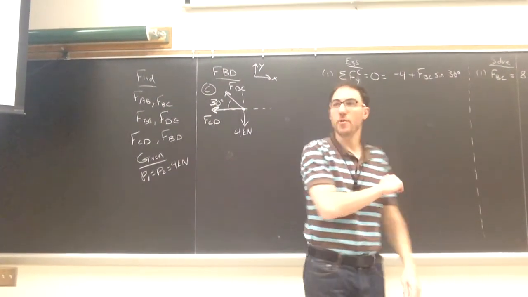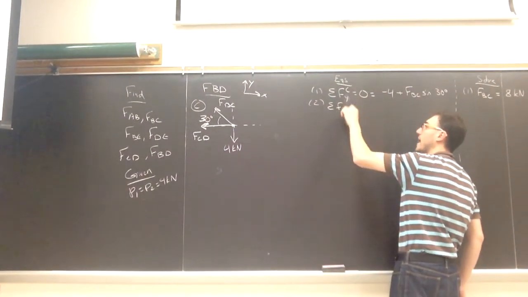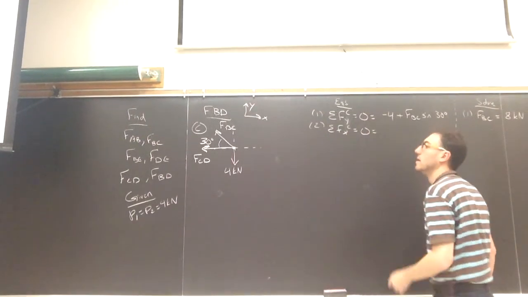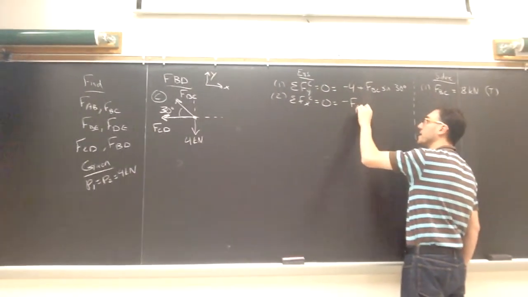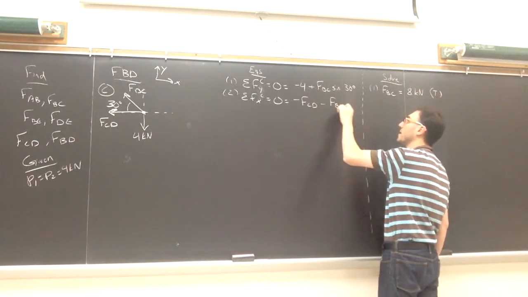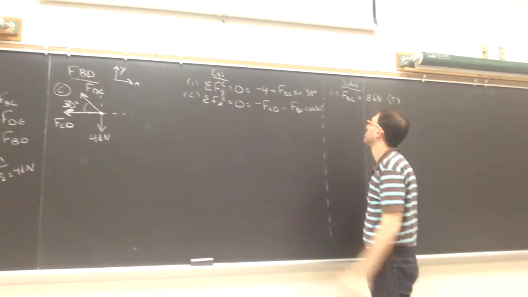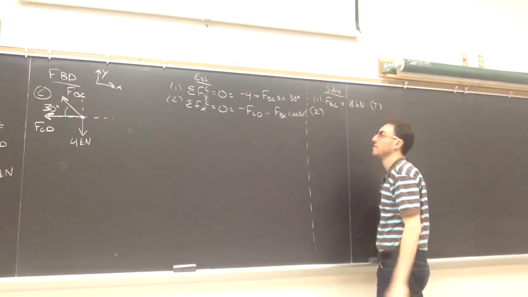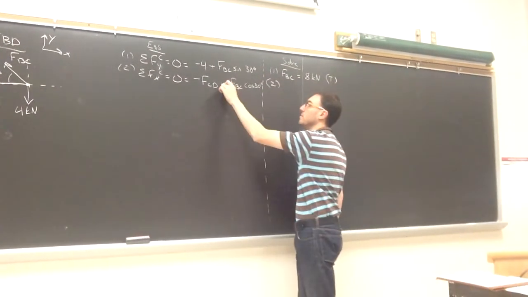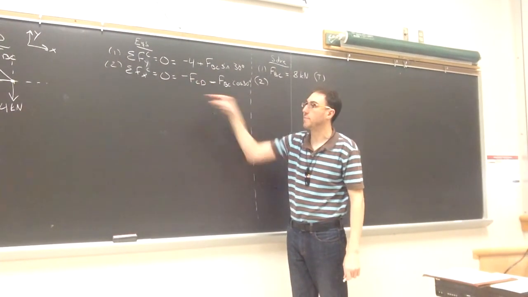I still can get another equation out of this first free body diagram by summing forces in the x. I have negative FCD, according to my free body diagram, minus FBC cosine 30. So again, from the picture, it was a negative FCD, it points to the left.